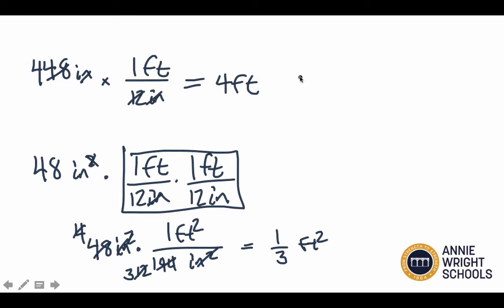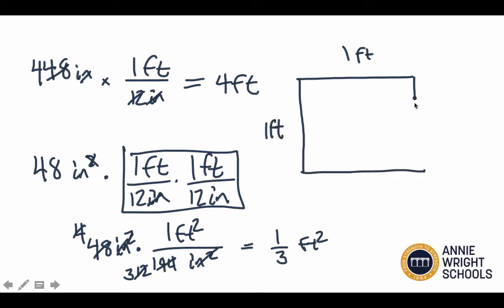So to kind of visualize that, here is 1 foot. Here is 1 foot. This is 1 square foot. I could break this into 1, 2, 3, 4, 5, 6, 7, 8, 9, 10, 11, 12.